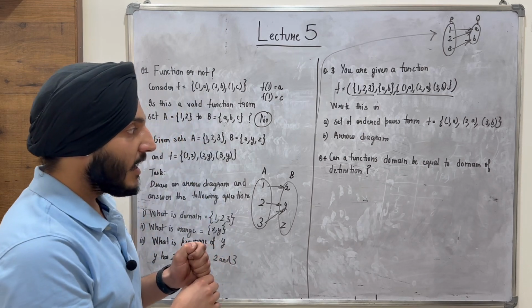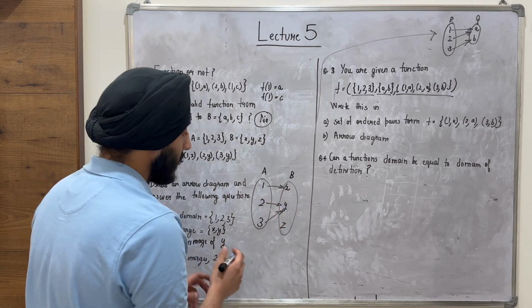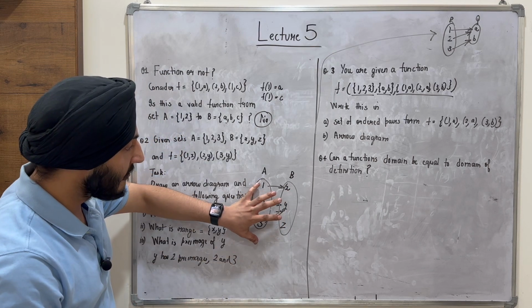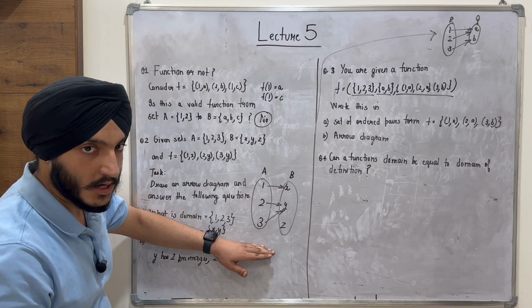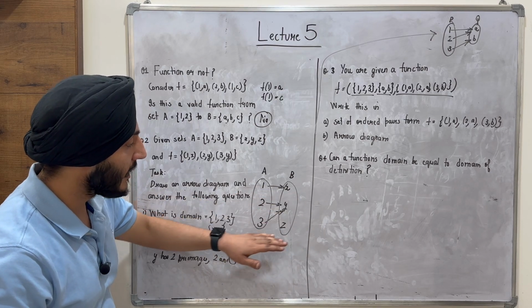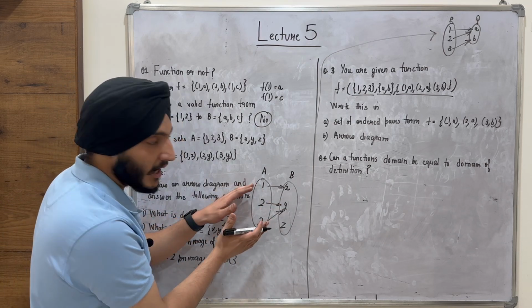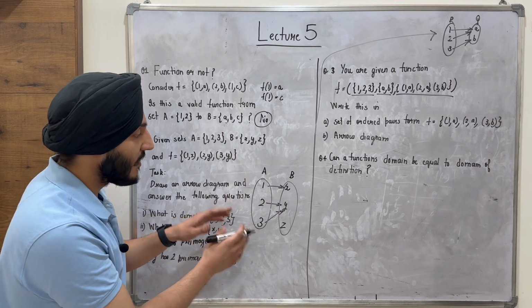And this would be in the case, now think about it, right? Let's say a function from A to B. If you look at it, all the values in the domain 1, 2, and 3 have an image, right? So 1 has an image x, 2 has an image y, and 3 has an image y. All these values have an image, so all these values would also be in the domain of definition.